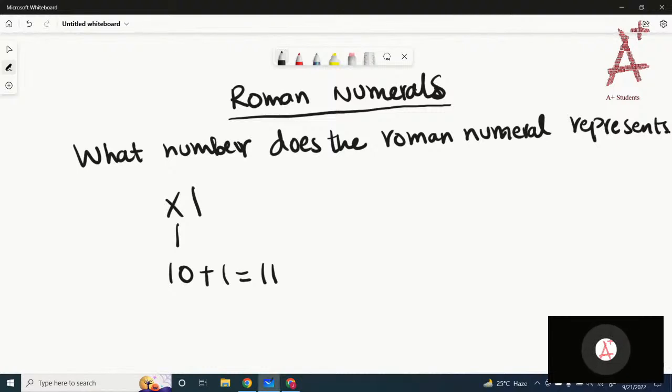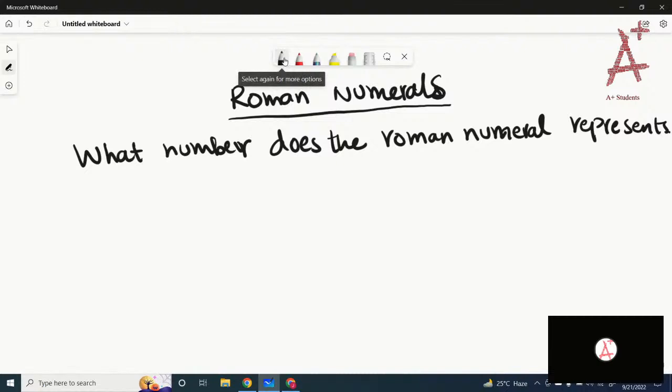Okay, on the top right corner, you have a test button. Just click on the test button. Okay, the first one is, how do you write 8 in a Roman numeral?